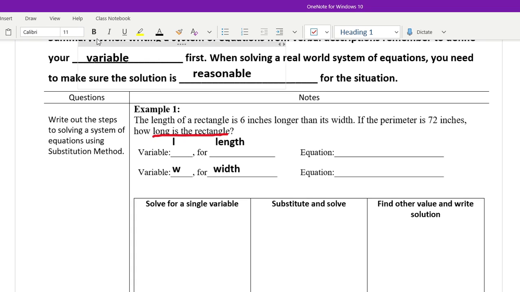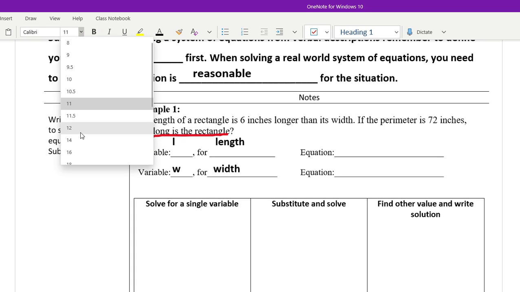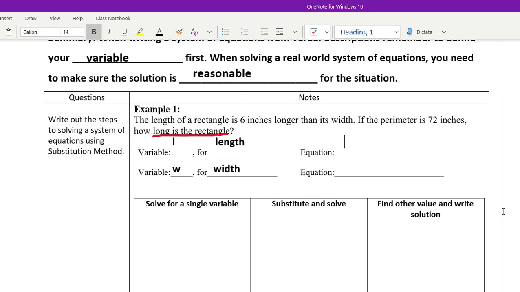So this is setting up the equation that our length, L, is 6 more than, plus 6, the width. So that would be our first equation.